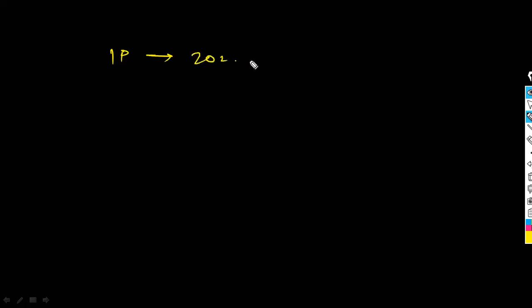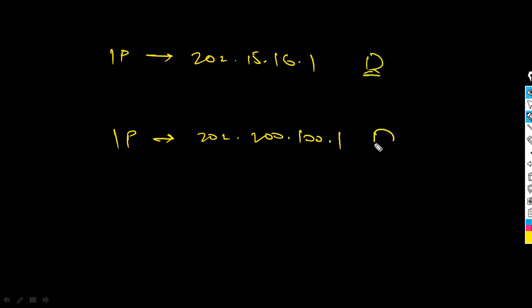So now let's say the IP address written here is 202.15.16.1, and another IP address, 202.200.1, simply, right? An IP address assigned to one machine, an IP address assigned to another computer.